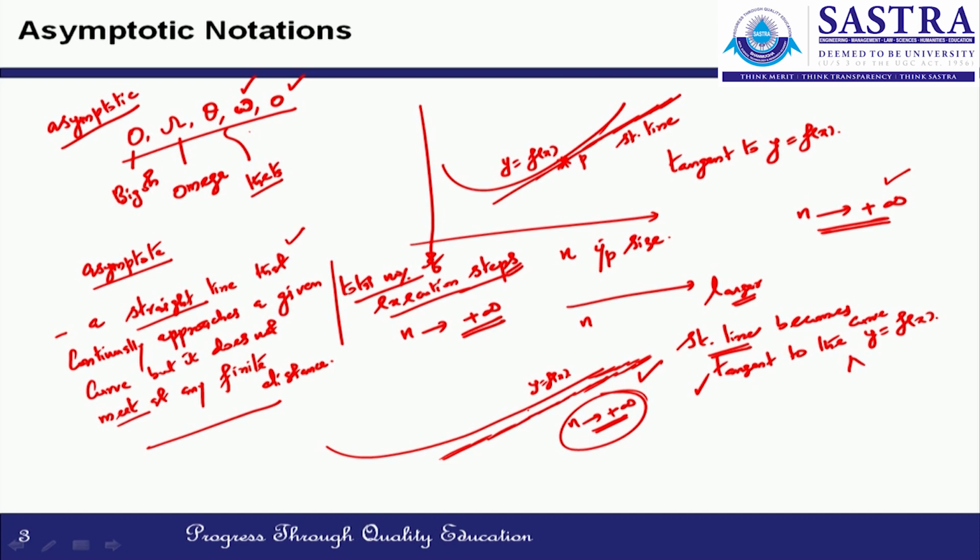So, here our concept is how to represent the running time of an algorithm for large input size. For that, we have the different asymptotic notations: big O notation, big omega notation, big theta notation, small omega notation and small o notation. Why do we need these asymptotic notations?